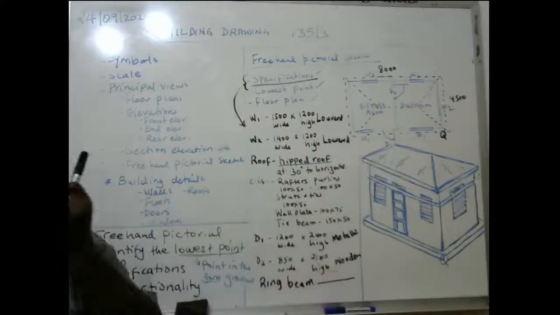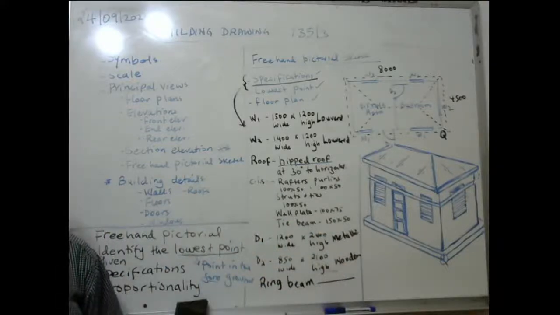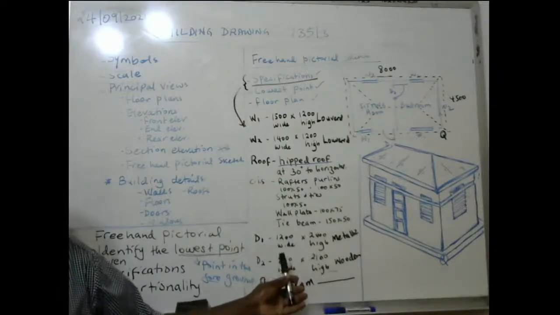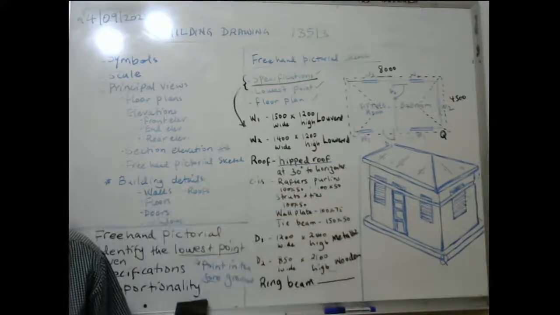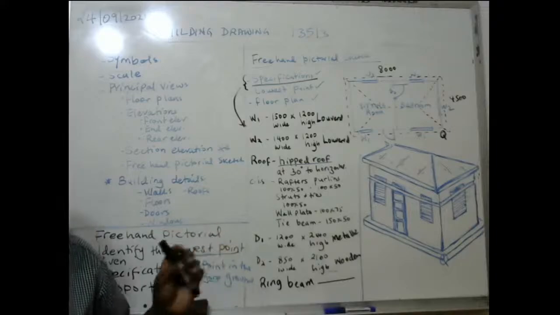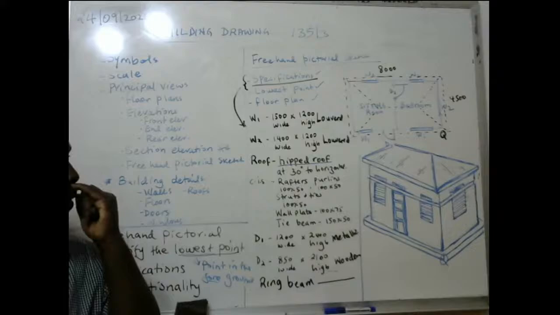It is metallic. Door 1 is metallic. Then door 2 is inside the building. Therefore, by that freehand pictorial sketch, it won't be seen. The freehand pictorial sketch cannot show us the door 2.